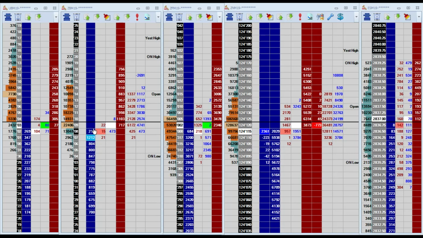And this little profile shelf here at 8 was from previous overnight action. So it's not something you're just going to jump into, in my opinion.